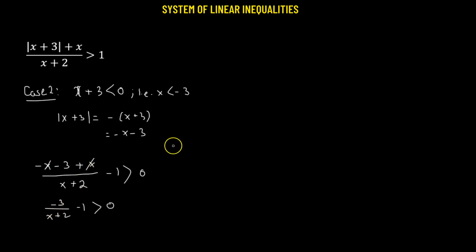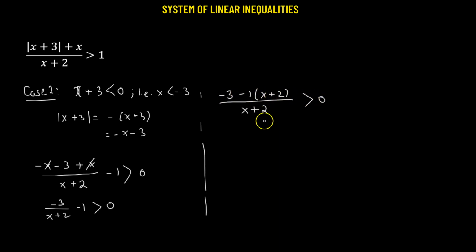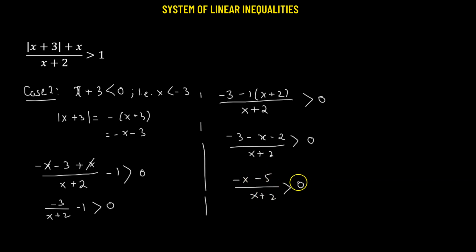We'll combine them, with x plus 2 as the common denominator. In the numerator, we have negative 3 minus 1 multiplied by x plus 2. So this is greater than 0, which gives us negative 3 negative x minus 2 divided by x plus 2 greater than 0. We'll combine them, so we have negative x minus 5 divided by x plus 2 greater than 0.